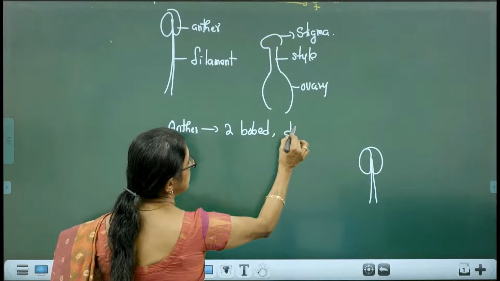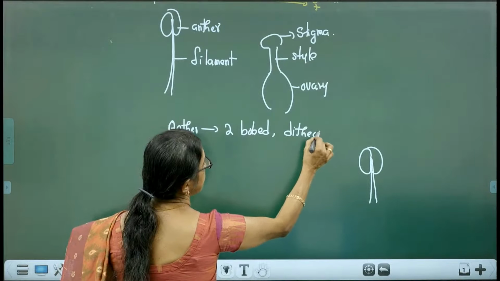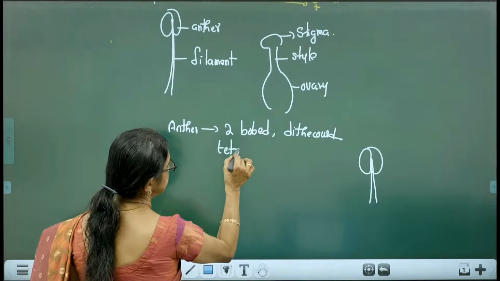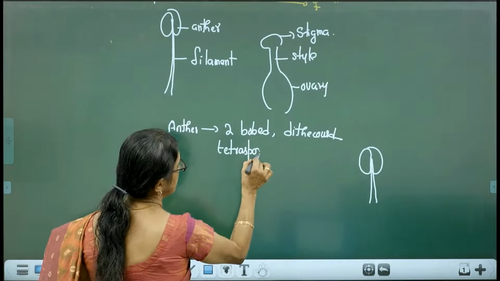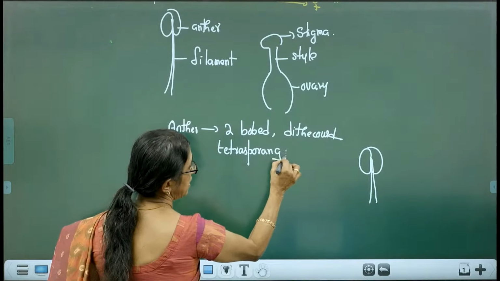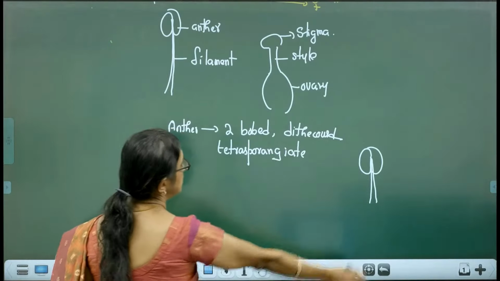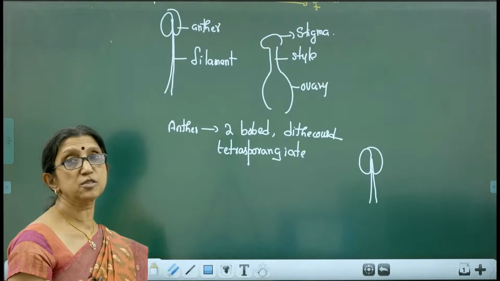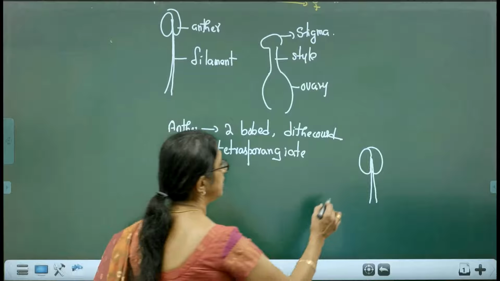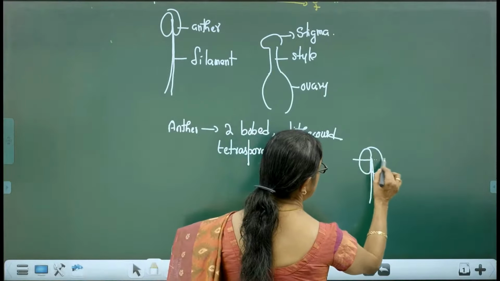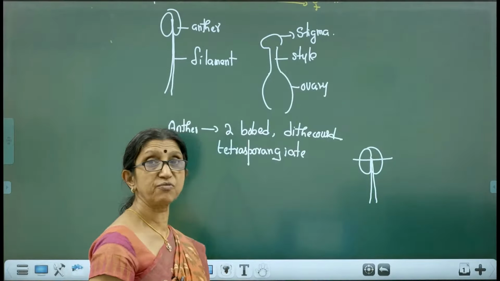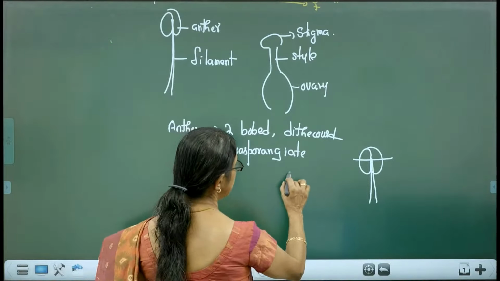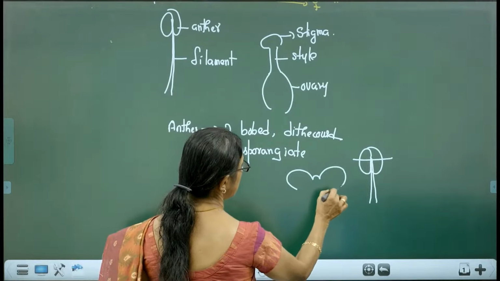It is 2-lobed, dithecous, and tetrasporangiate. That means these are the two lobes, and if we take the cross section of the bilobed or two-lobed anther, we can see 4 microsporangia.